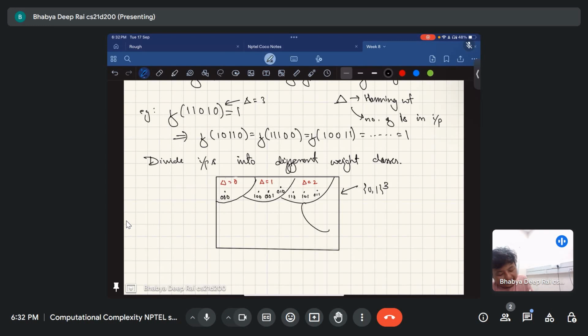Okay, and then delta equals 3, and so on and so forth until you have delta equals n.